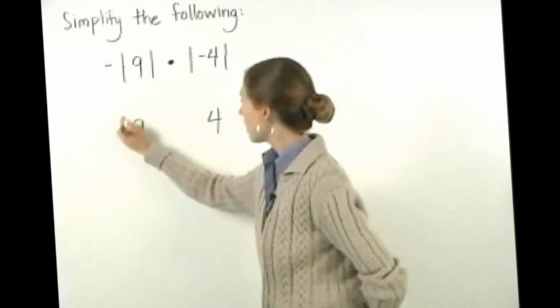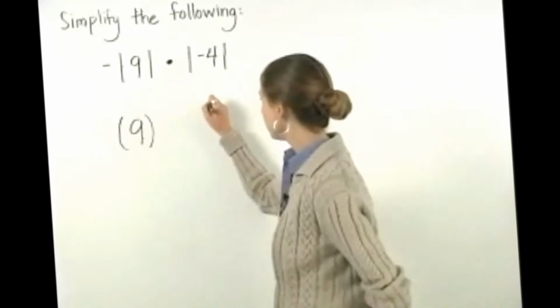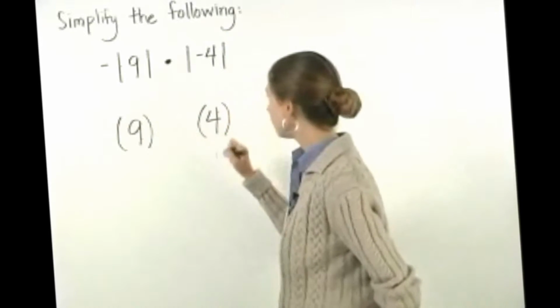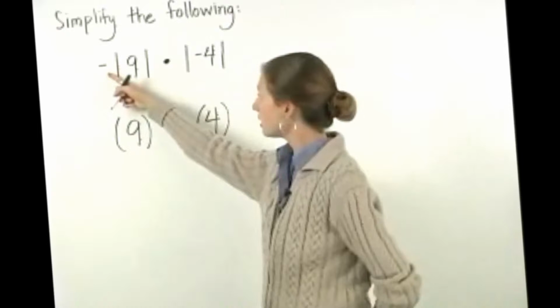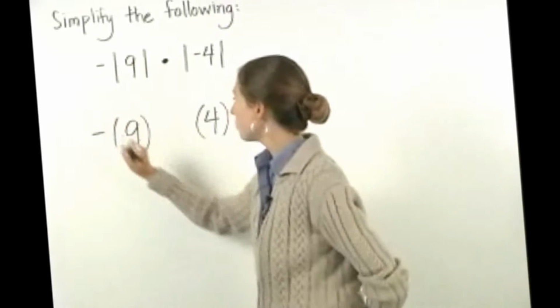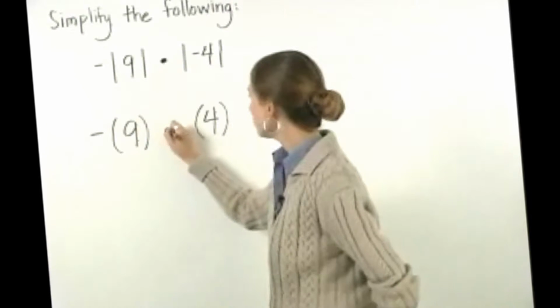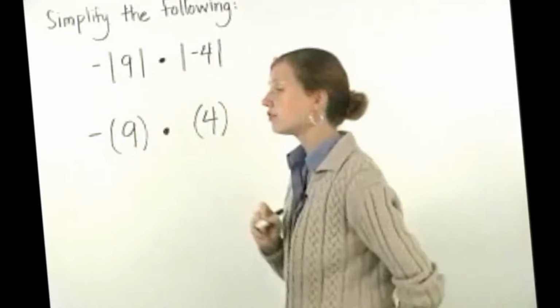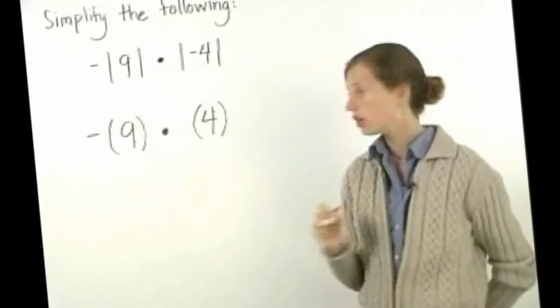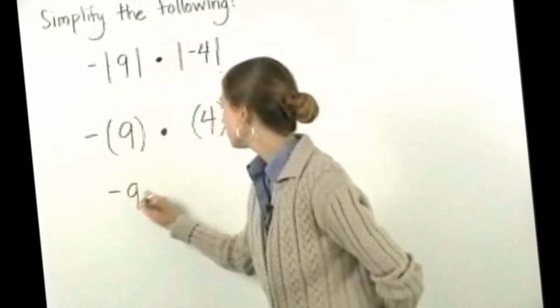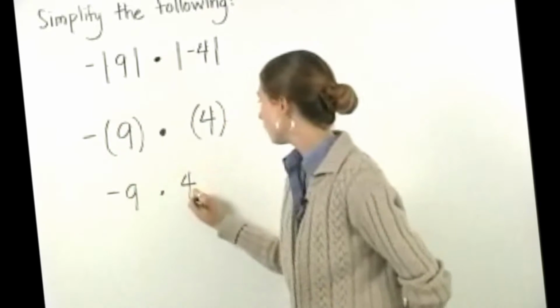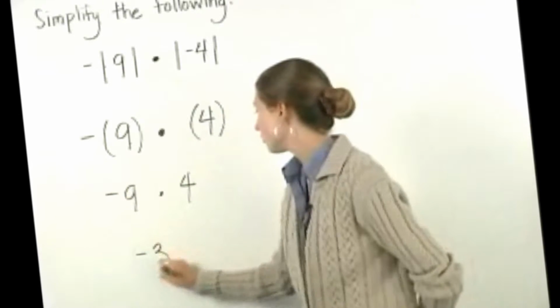So here we have parentheses +9 and parentheses +4. Bringing down the negative, we have negative parentheses 9 multiplied times parentheses 4, or -9 times +4, which is -36.